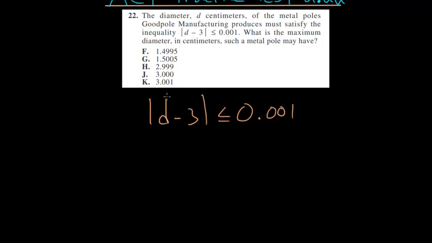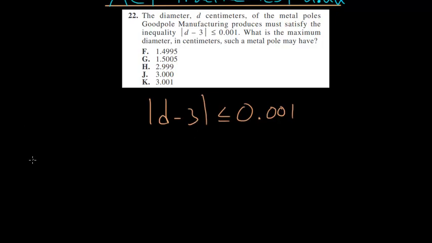If I put in 4 for d, then 4 minus 3 is positive 1, and the absolute value bars wouldn't change that. But if I put in a d value that's less than 3, like 2, then 2 minus 3 is negative 1, and in that case the absolute value bars flip it to a positive value. So we have to consider both of those separate scenarios.